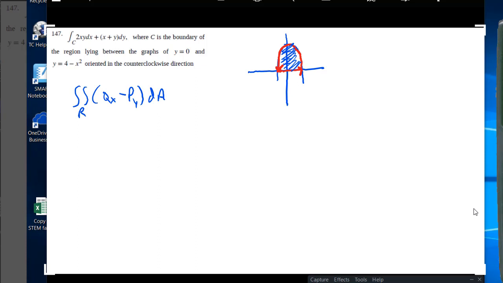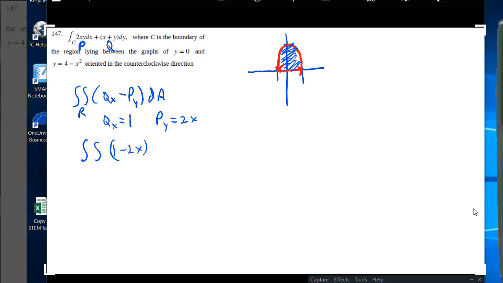Okay, so here is our p and q, and so the derivative of q with respect to x would come out to be a 1. The derivative of p with respect to y would come out to be a 2x. So our integral would come out to be a 1 minus 2x.